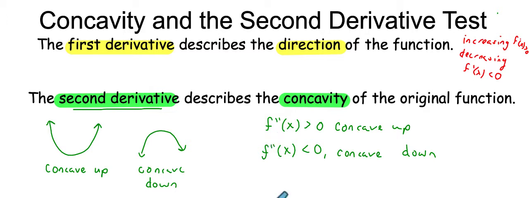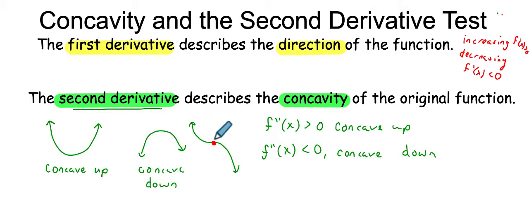is describing that curvature, the bend in the graph, what it looks like. And when I have a graph, for example, let's say I have a graph that starts concave up and then switches to concave down. This point here, where the graph switches from concave up to concave down, has a special name.